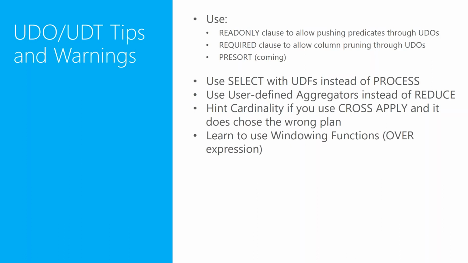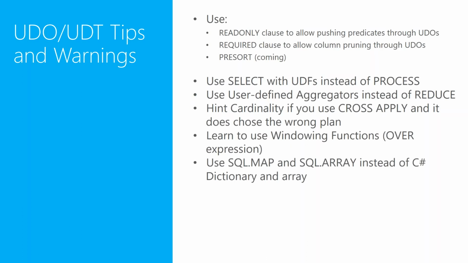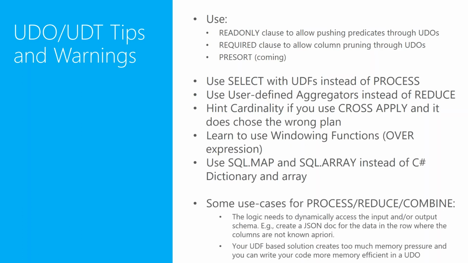Also, for many of the things you might want to use a reducer or a processor for, you can use built-in capabilities like the windowing functions, the OVER expressions. You can also use SQL.MAP and SQL.ARRAY types instead of the built-in C# dictionary and array types because they are more efficiently supported by U-SQL.